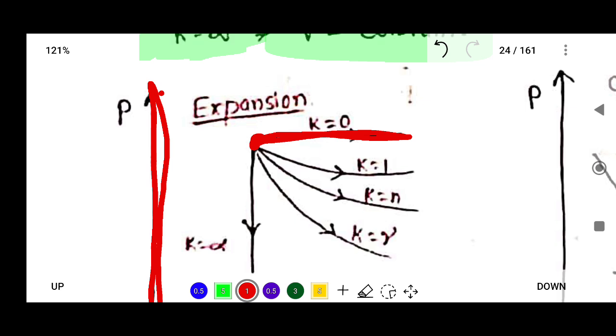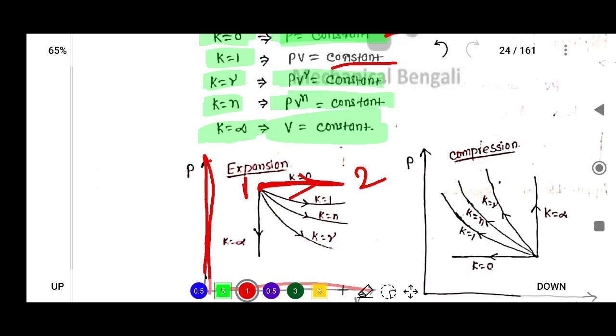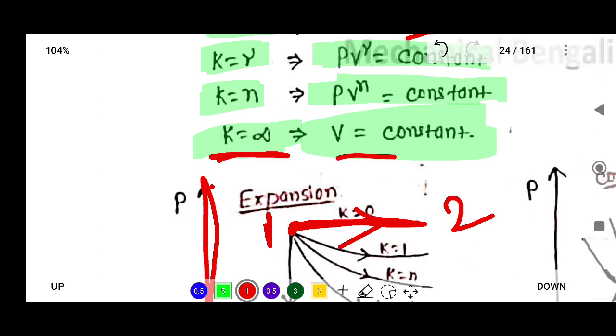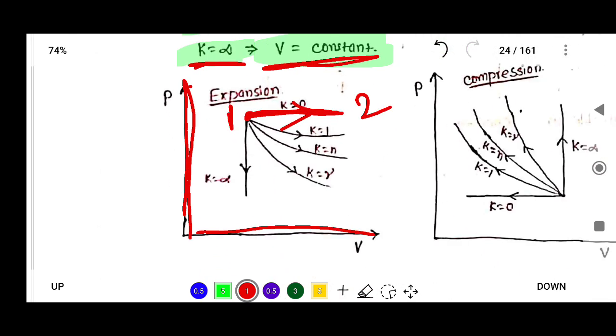Suppose this is the initial point, 1 is the initial point and this is 2. So here the process will be from this to this. So k equal to 0, this is a constant pressure process. And if k equal to infinity, then v equal to constant, so the process will be in the downward direction. So this is constant, k equal to infinity.